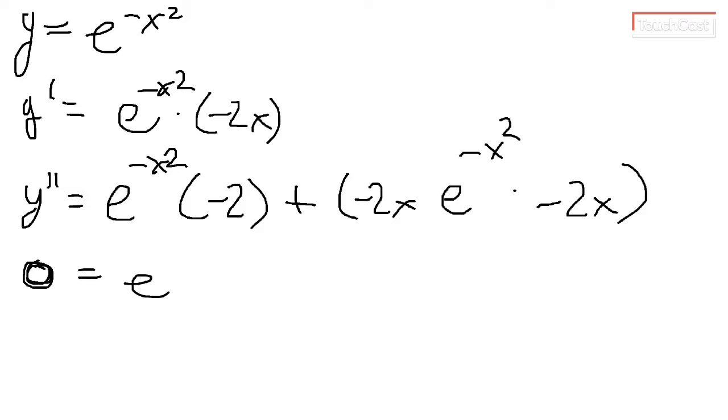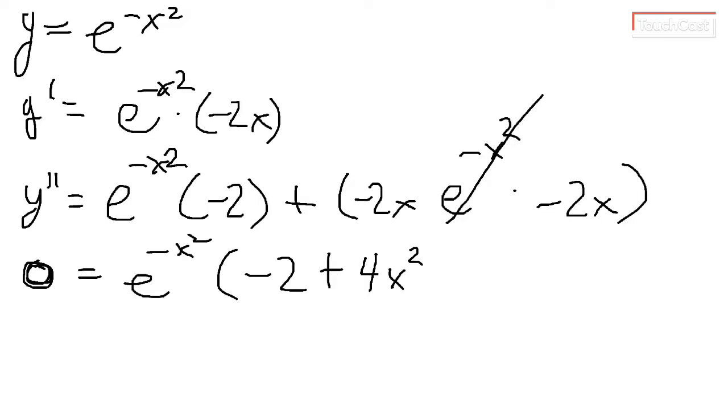So I see this is e to the negative x squared times a negative 2 plus, imagine I took that e to the negative x squared out to the front, and what do I have here? I'm going to have negative 2x times negative 2x, which is positive 4x squared.